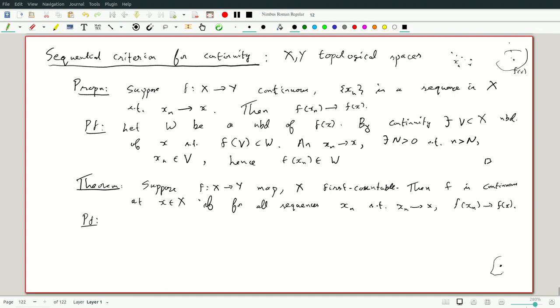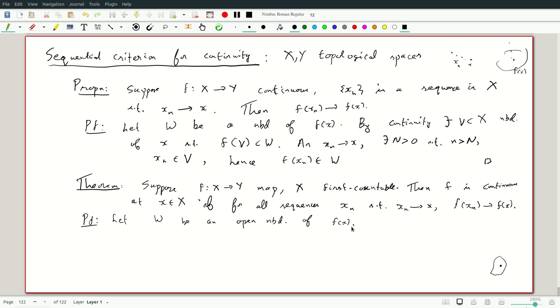So let's first of all let W be an open neighborhood of f of x. An open neighborhood is redundant for us because neighborhoods are always open.